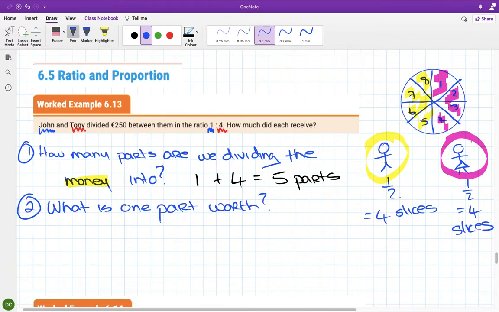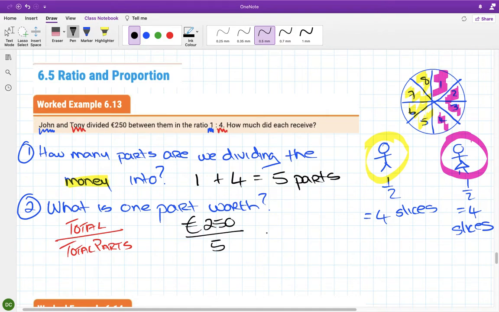To figure out what 1 part is worth, you take the total and you divide it by the total parts. In this question, the total is the €250. That's what we're trying to divide up. And the total number of parts is 5. So we do 250 divided by 5 and we get €50. So €50 is 1 part.